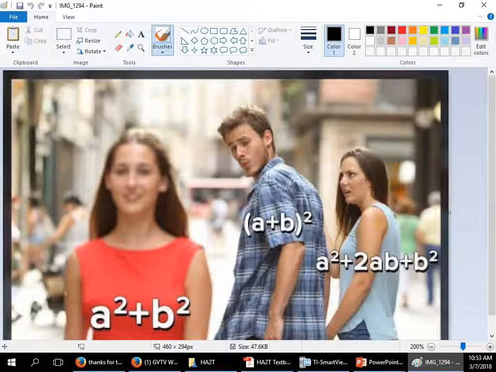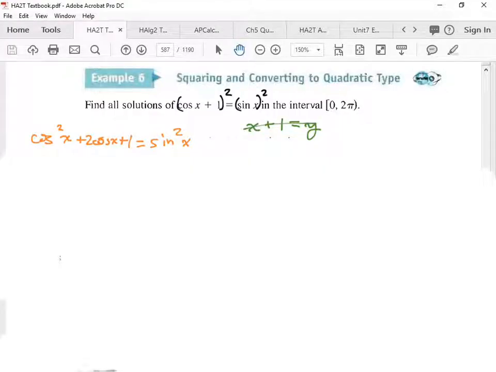And you guys want to do this all the time. Look at this fool. He thinks he's happy. He's ignorant to the fact that this is not who he matches up with. What a fool. So don't you dare do something like this: cosine x plus 1 squared equals cosine squared x plus 1 squared.